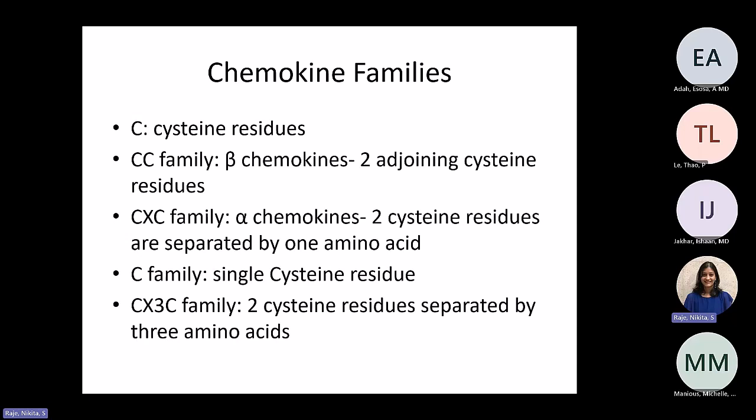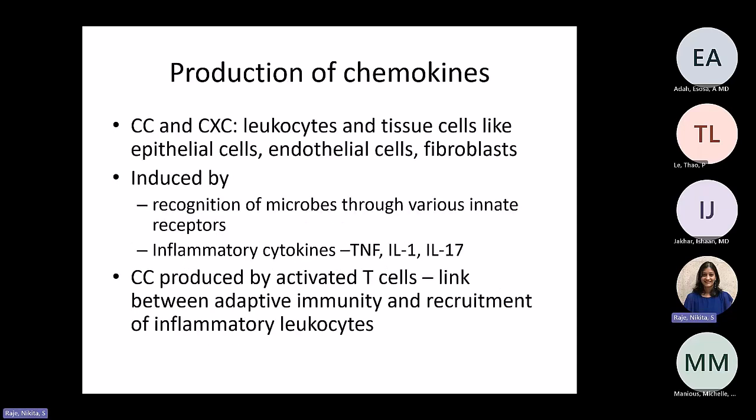So if there are two cysteine residues with one amino acid in between them, these make up the family of alpha chemokines. There's also a family with a single cysteine residue, and there is another family called CX3C, which means there are two cysteine residues with any other three amino acids, which can vary. So all these families, CC, CXC, C, and CX3C, are different families of chemokines.